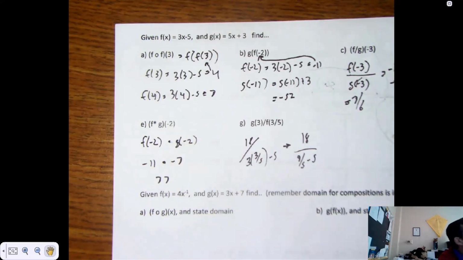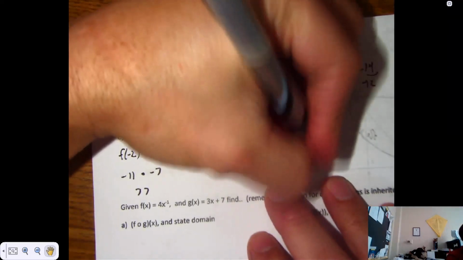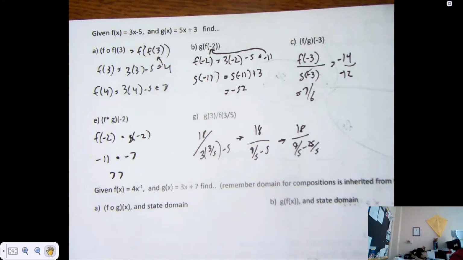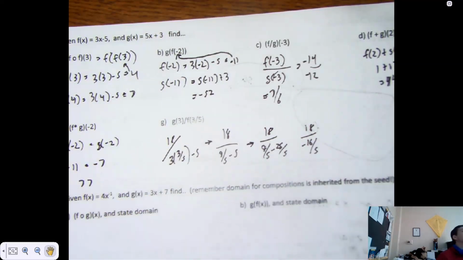9/5 minus a 5. To add or subtract fractions, you have to have a common denominator. 5 is 25/5. 9 minus 25 is 16. It's negative. So unify the bottom together, and then how do you divide by a fraction?